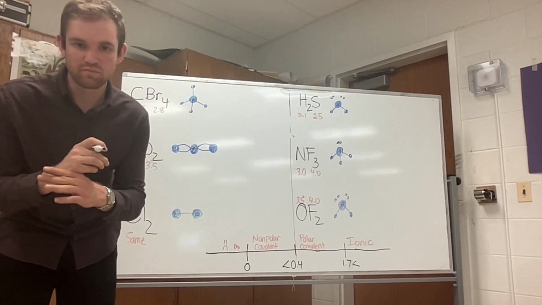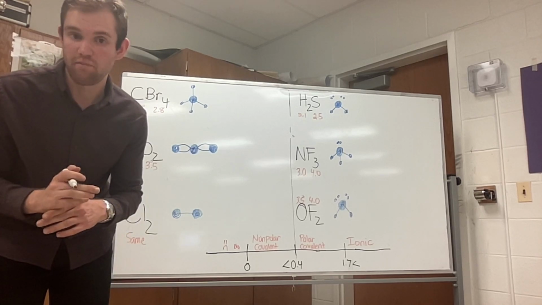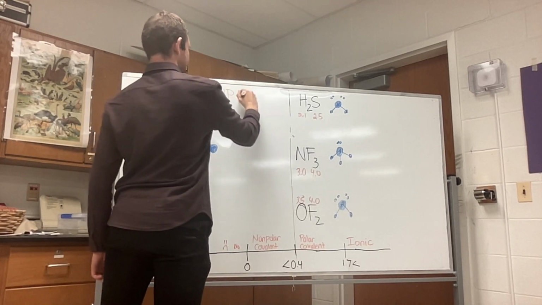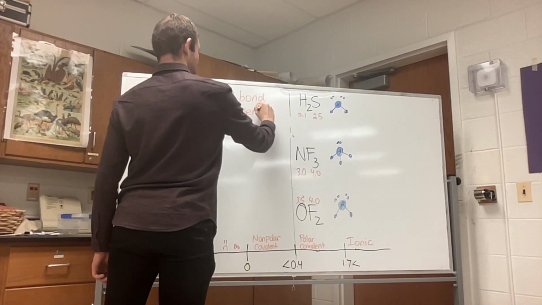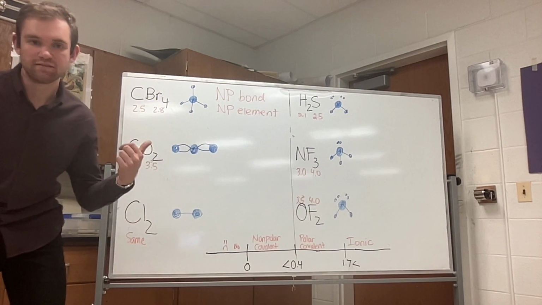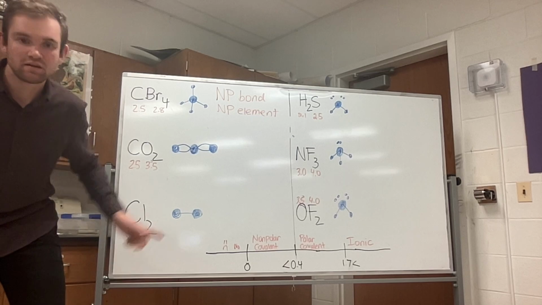So it's a non-polar bond, and you are not polar at all. So this is a non-polar bond and a non-polar molecule. And that's it for polarity for this one. Later you'll see some vectors and we'll draw them out and see what happens.